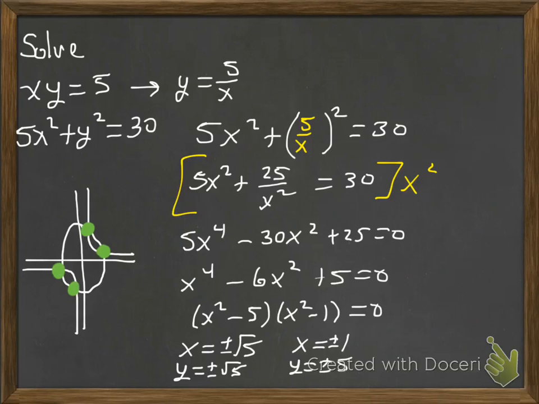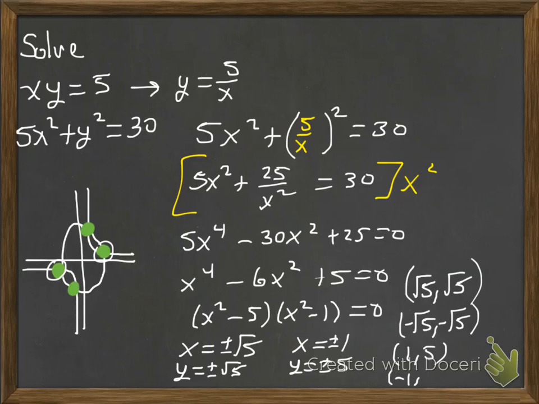So the intersections would be root 5, root 5, negative root 5, negative root 5. And then that would probably be this one and this one. And then 1, 5, and minus 1, minus 5. That would be this point and that point there. Okay, so they're a little bit different. They're not real bad. You just got to practice them a little bit.